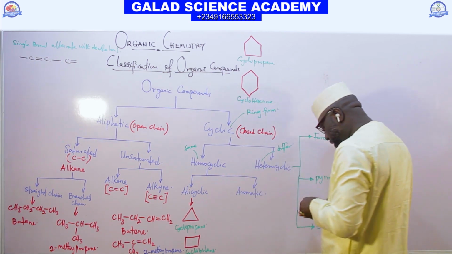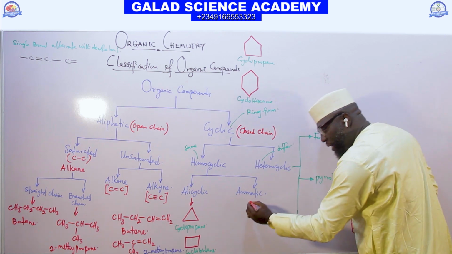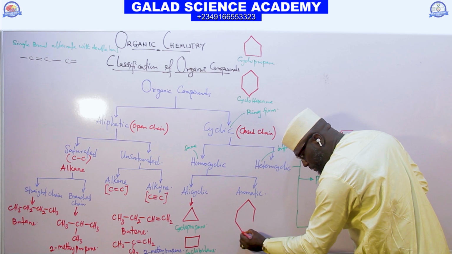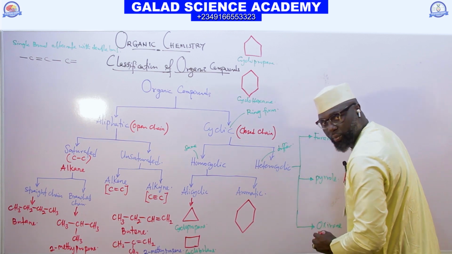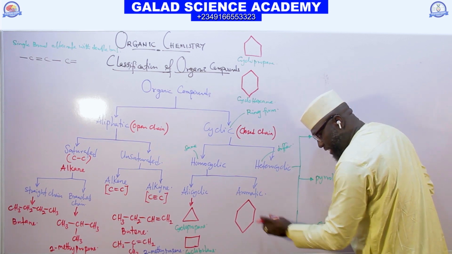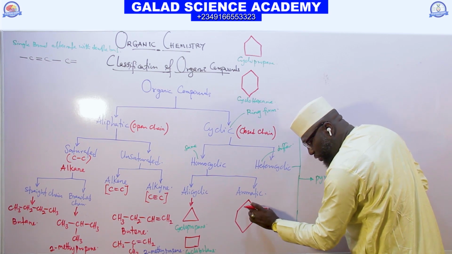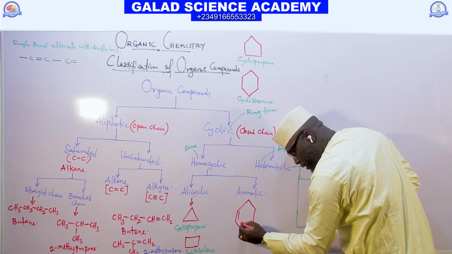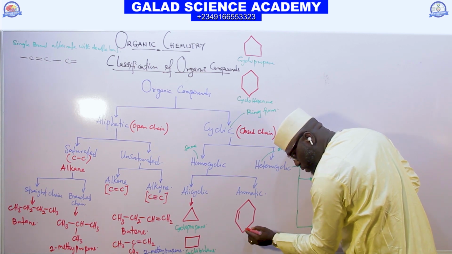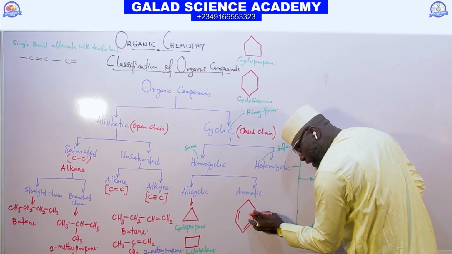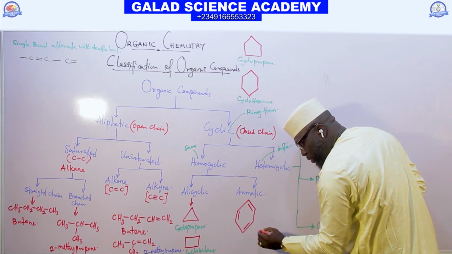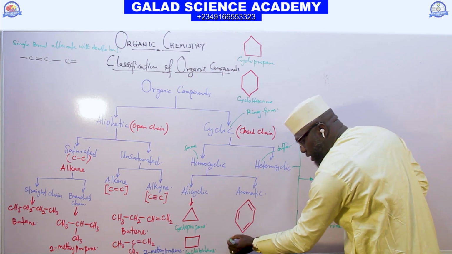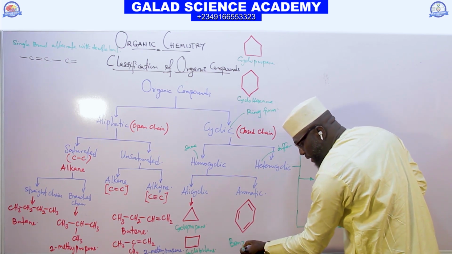The common example here is benzene. This is benzene. If this place is a single bond, here you have a double bond. This is single, here we have double. This is single, here we have double. The example here is benzene.